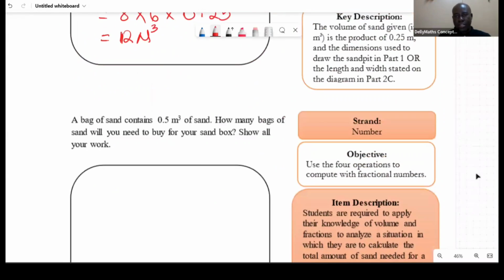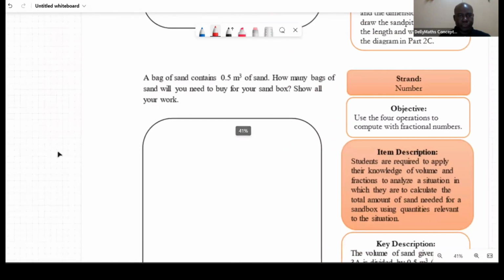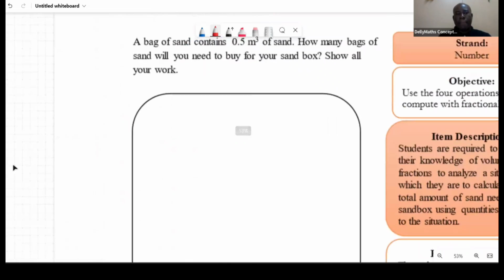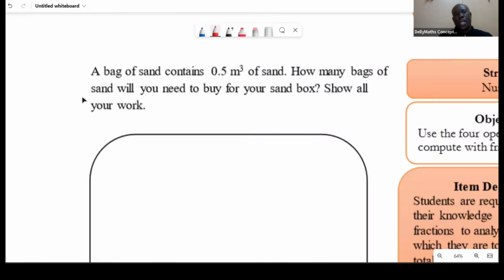All right, so let us continue. The question went further, and it says that a bag of sand contains 0.5 meter cube of sand. How many bags of sand will you need to buy for your sandbox? Show all working.